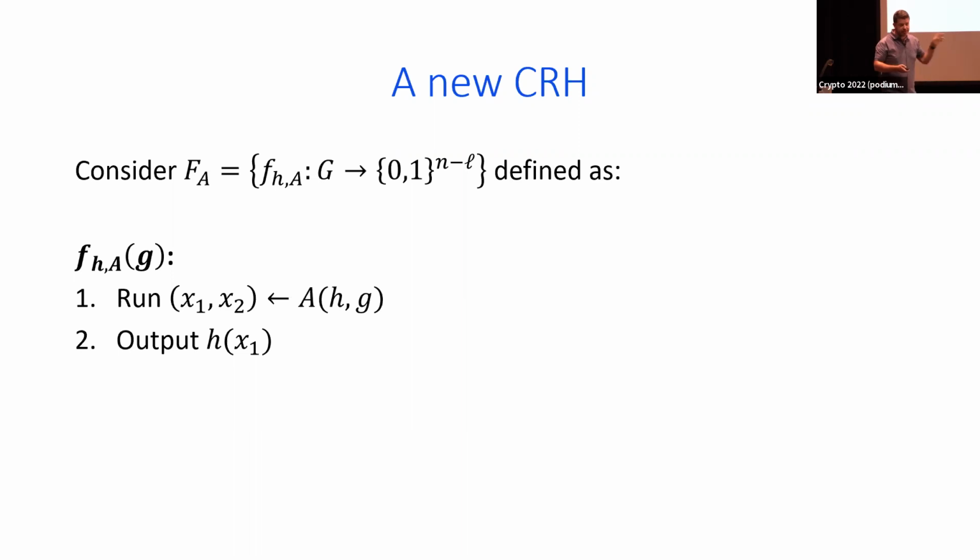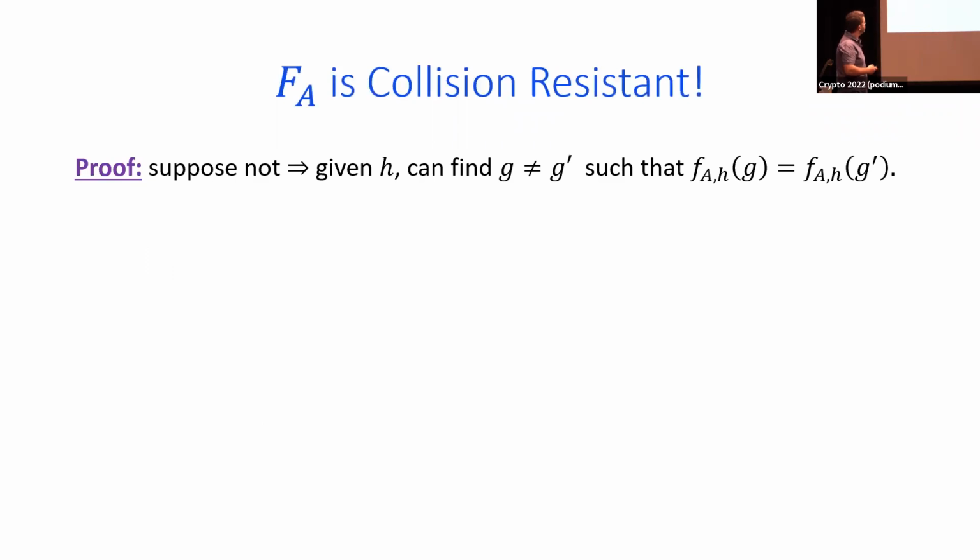I claim that this is an actual CRH, honest to God CRH, with asterisks. So let's assume that it's broken, right? Assume that there is an attacker that violates security. That means that given H, this adversary can find distinct G and G prime that form a collision under this F sub A, this new hash function that we've constructed.